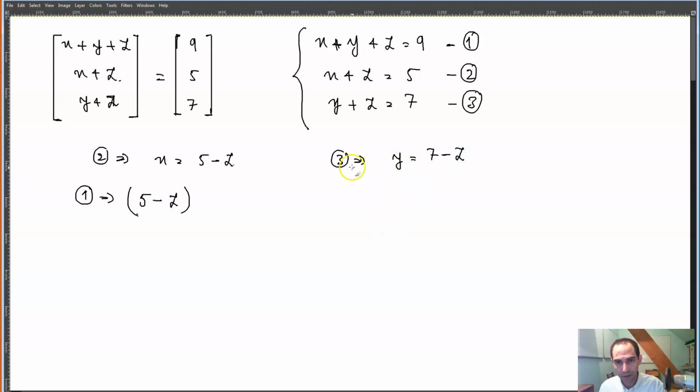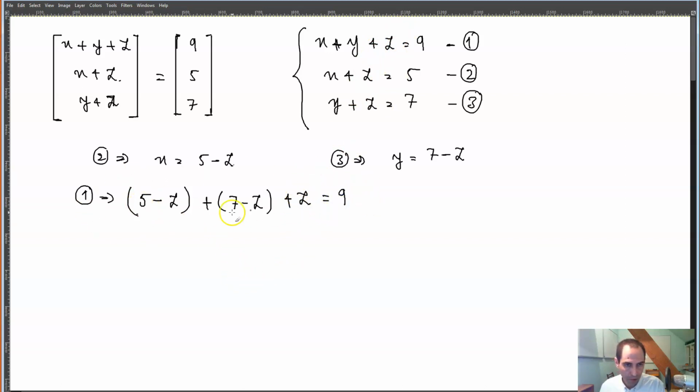So if y is equal to 7 minus z, in 1, instead of y, I can write 7 minus z. So plus 7 minus z. And then there is a z over here that I can simply write, and that is equal to 9.